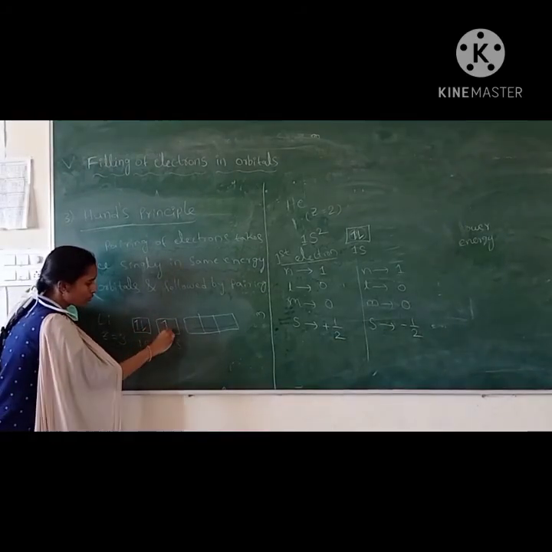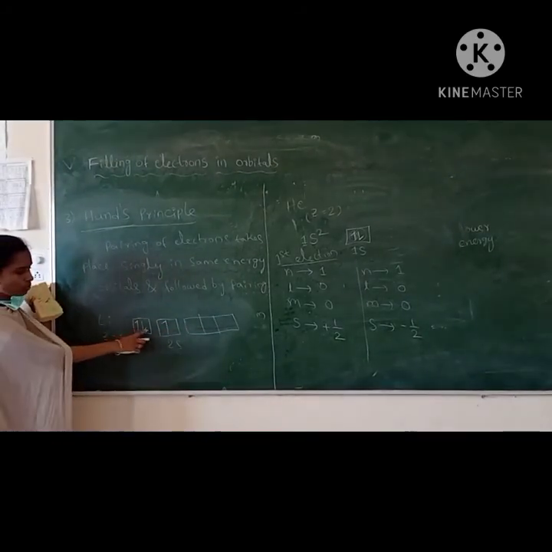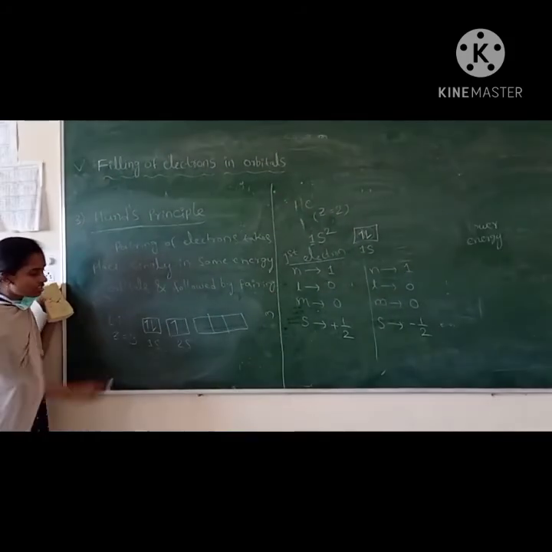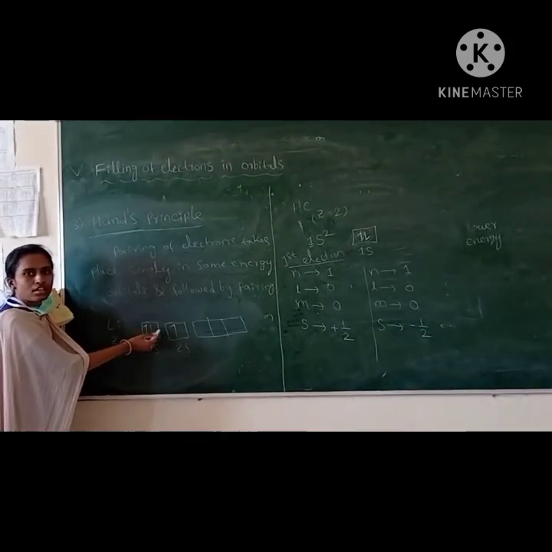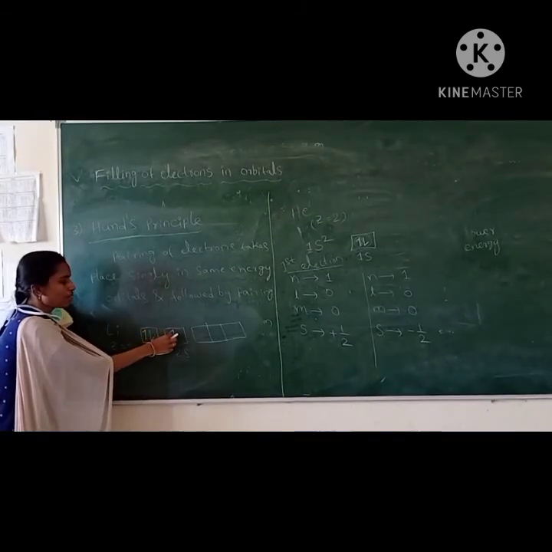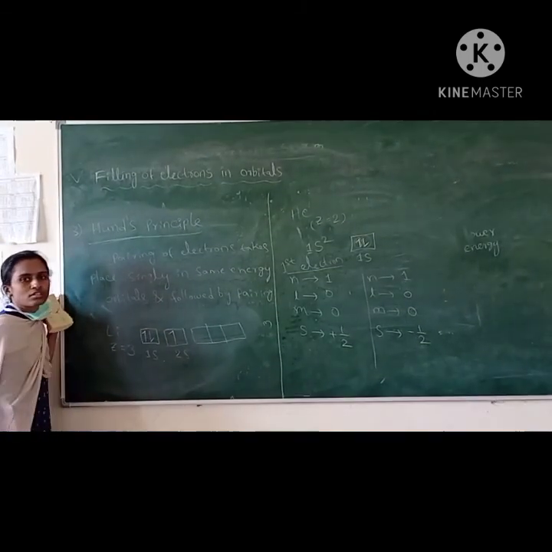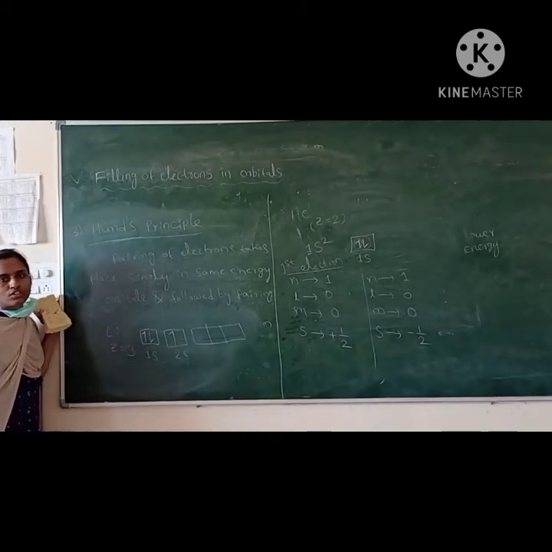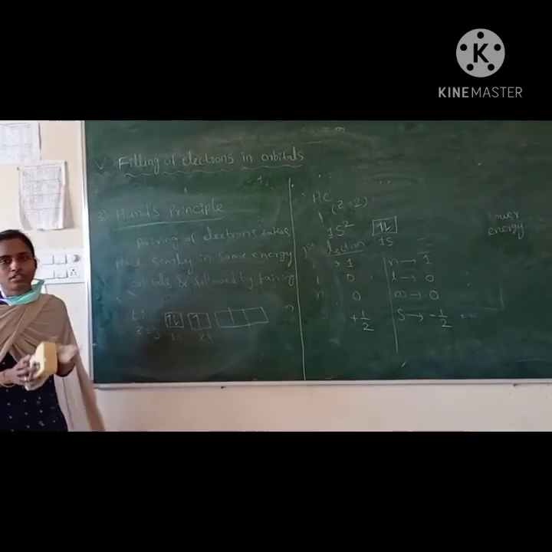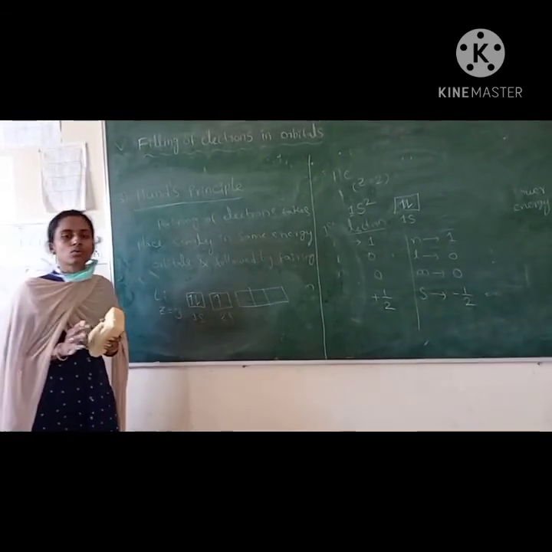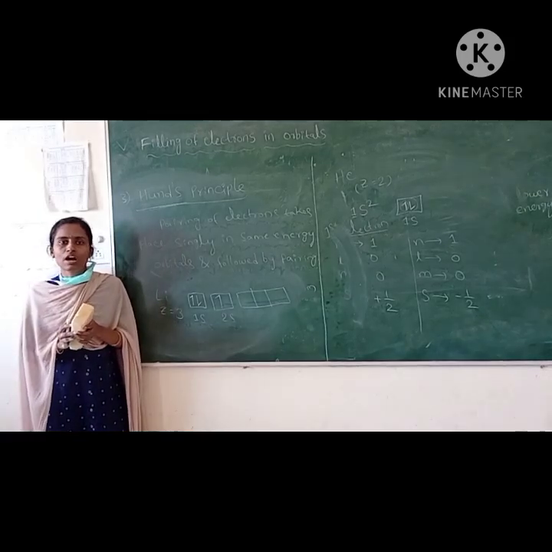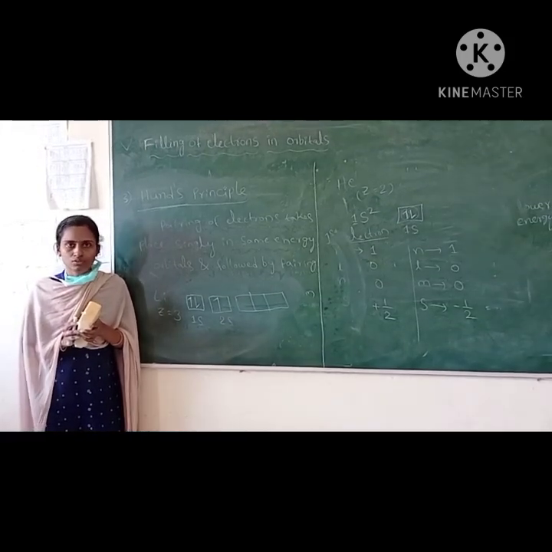This 2s is also filled by a single electron: 1, 2, 3. Atomic number is 3, number of electrons 3. So orbitals are filled singly first, then pairing takes place. And this filling of same energy orbitals is first with parallel spins. So this is Hund's maximum multiplicity rule. So these are the 3 rules to fill the electrons in orbitals.